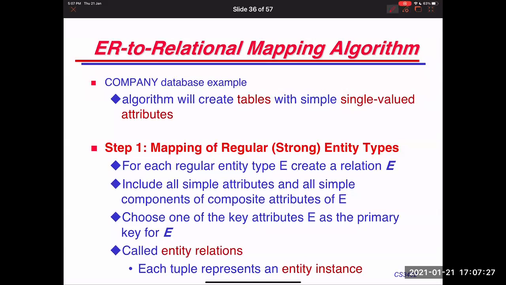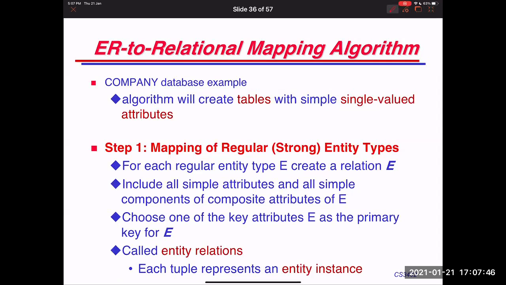Now, these relations that we get from this step one process are called entity relations because they correspond to entities in our ER model. And of course, each tuple that we get will represent a specific instance of an entity.